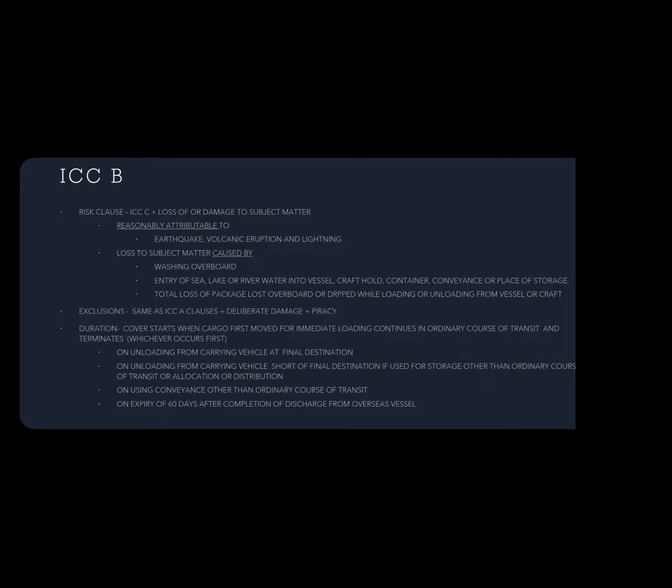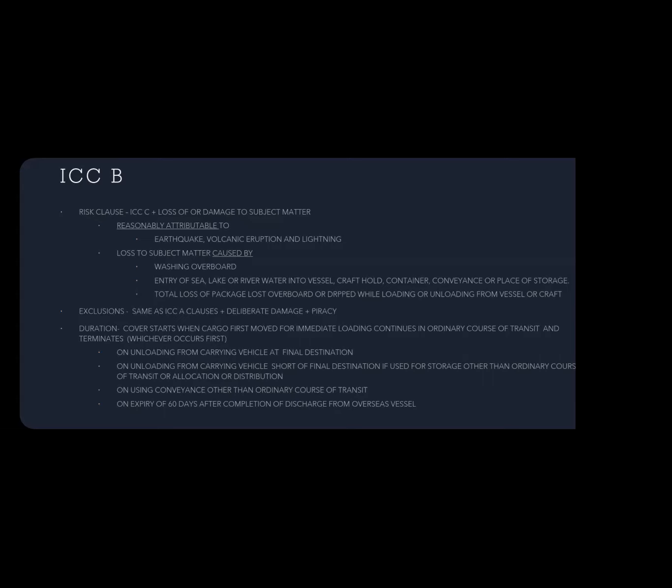Now, next, loss or damage caused to the subject matter by washing overboard, entry of sea or lake or river water into the vessel, craft, hold, container, conveyance, or place of storage. So if there is influx of water from water bodies and it damages the cargo, then that is covered under ICCB.